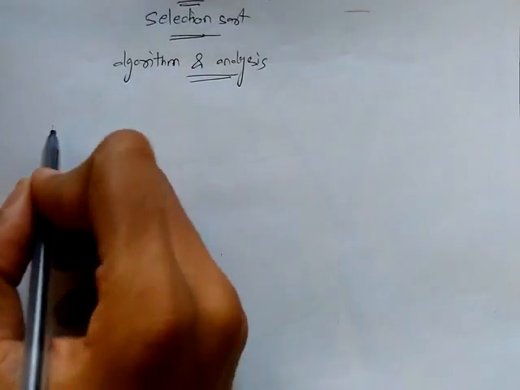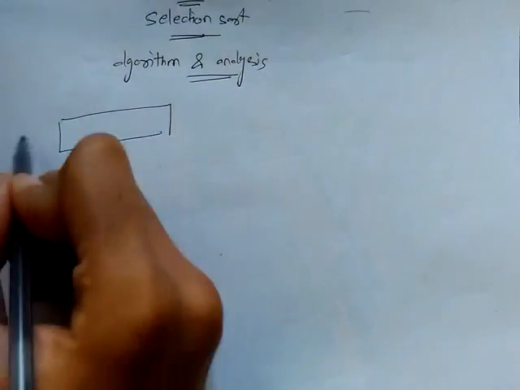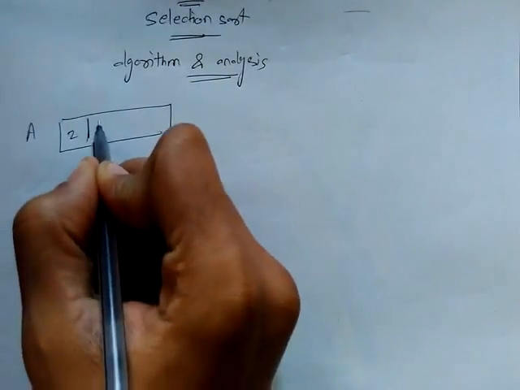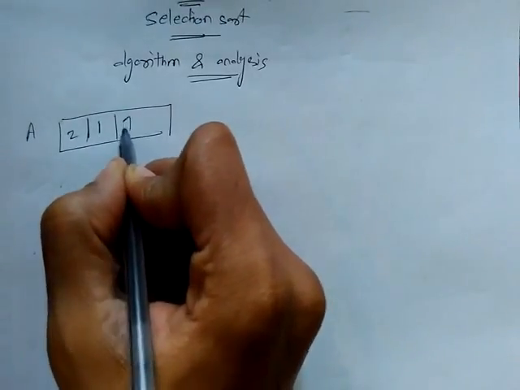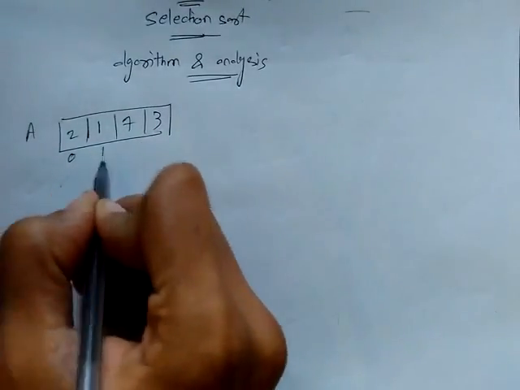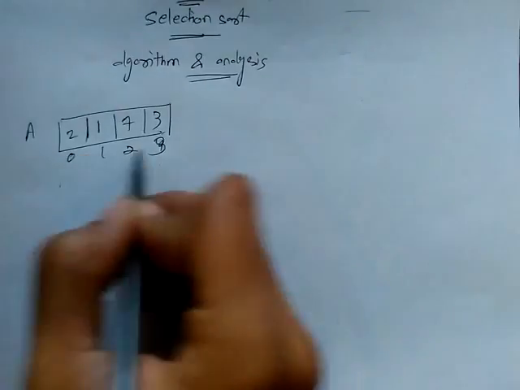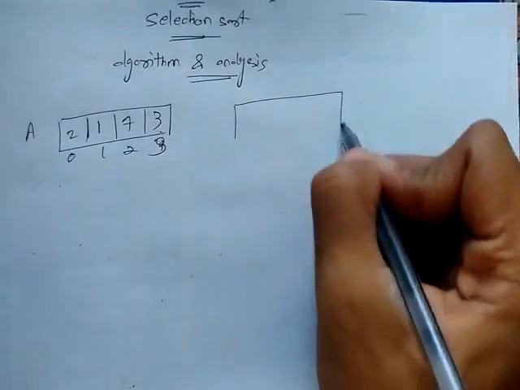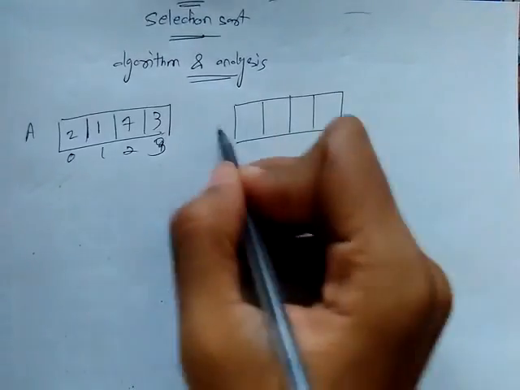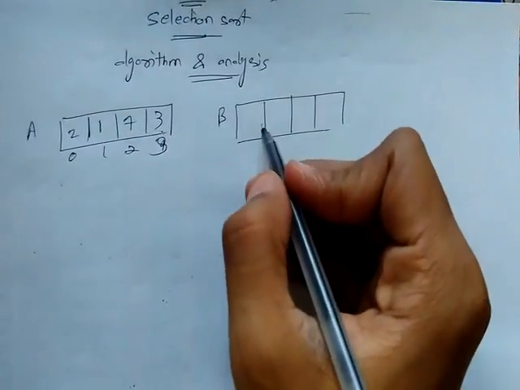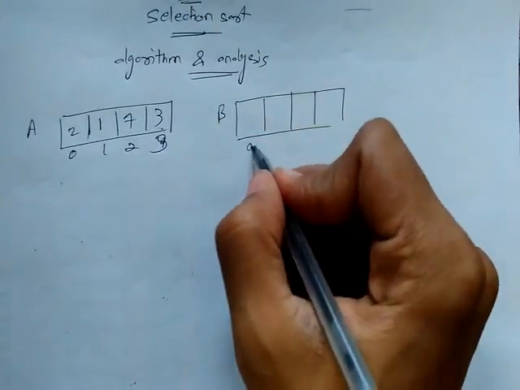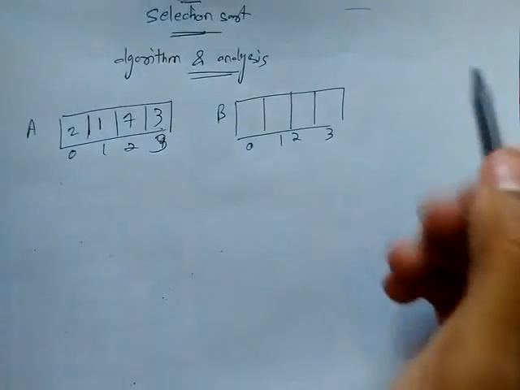For example, I have an array A of 2, 1, 7 and 3, with indices 0, 1, 2, 3, of size 4, and consider that I have another array B which is currently empty. Now what will I do?